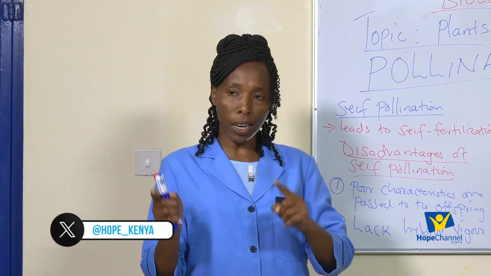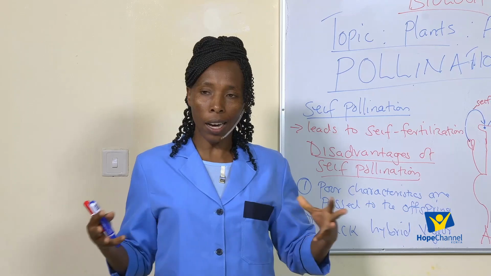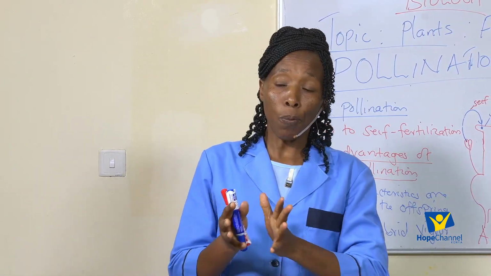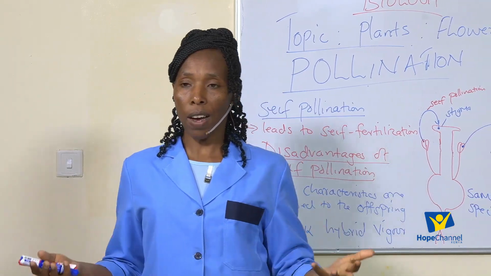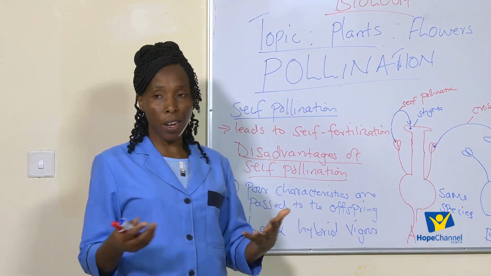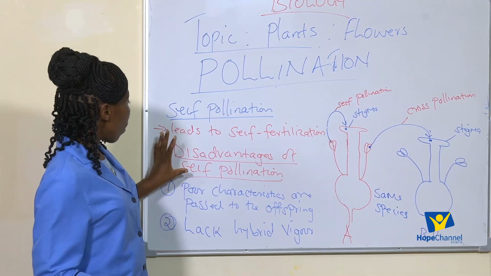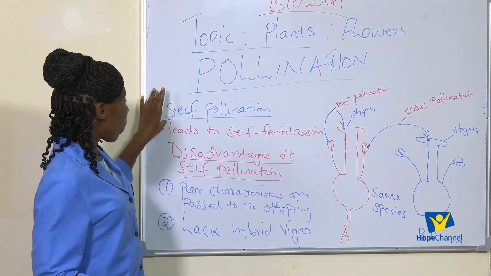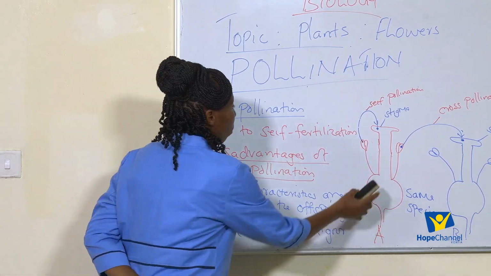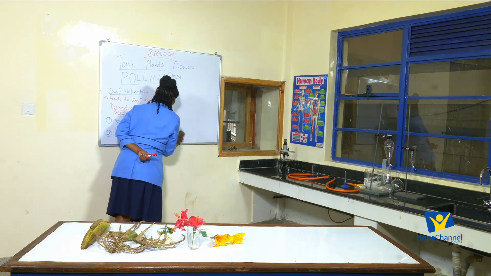Meaning, in case of any harsh environmental conditions, the offspring can survive and withstand them. So those are the disadvantages of self-pollination and advantages of cross-pollination.